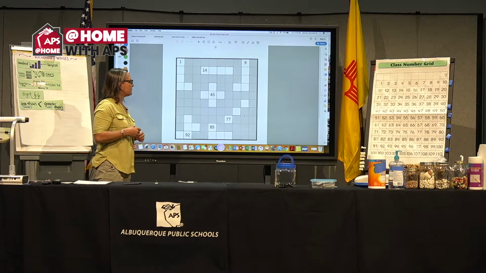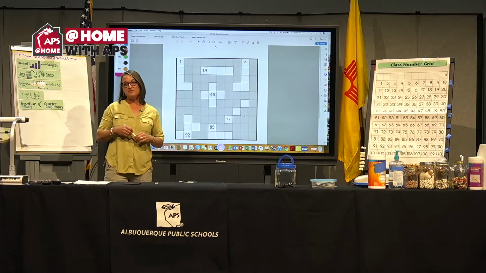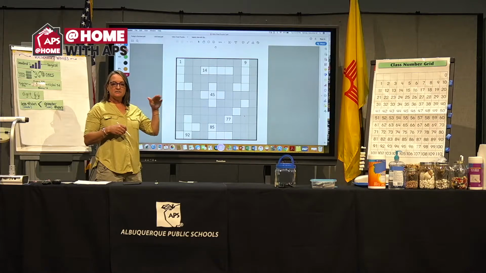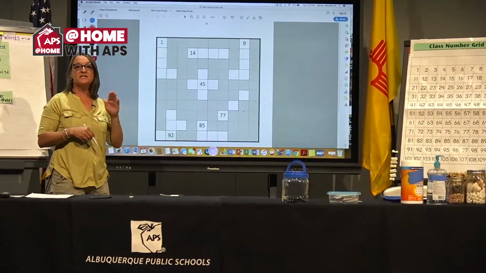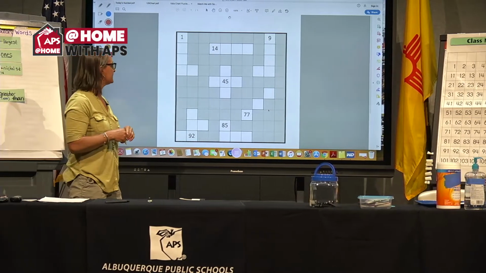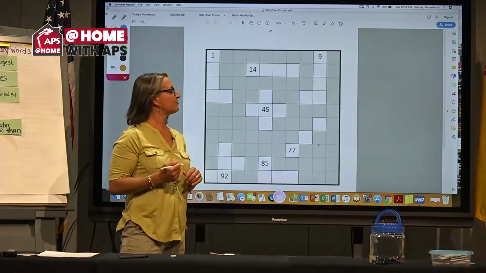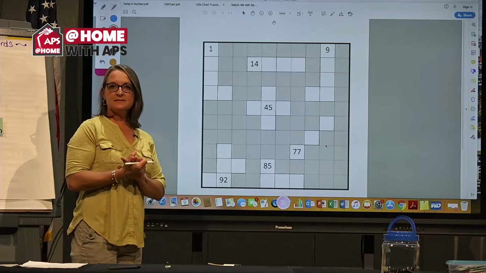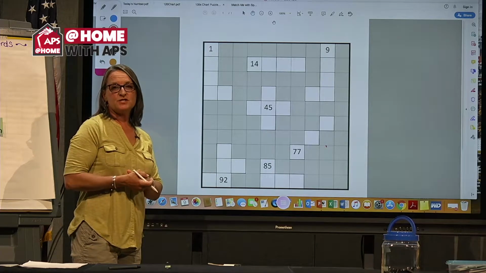Because you thought about the number 23 and where it fit on a hundreds chart and numbers that would be above it on the hundreds chart, below it, so that would be 10 more, 10 less, and also numbers that were before and after, so that's great practice. So some of our numbers are filled in to help us. Not all the numbers are shown, but we're going to use what we know about the hundreds chart and counting to fill this in.